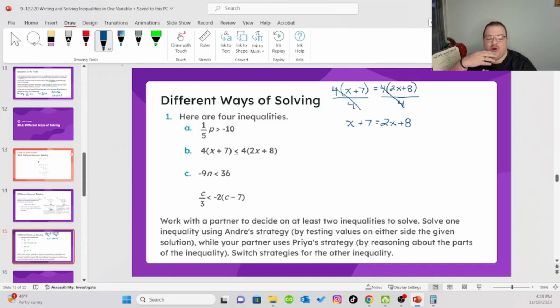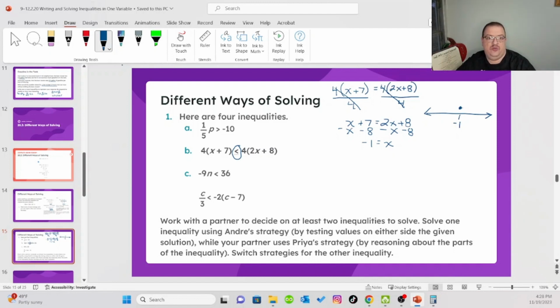I prefer to work with positive x's, so I'm going to subtract x from both sides, which then means I need to subtract 8 from both sides. This gives me -1 equals x, so I know where to put my dot on my number line. I'm going to put it at -1. My symbol is less than or equal to. Because it has or equal to, I'm going to make a solid dot at -1.